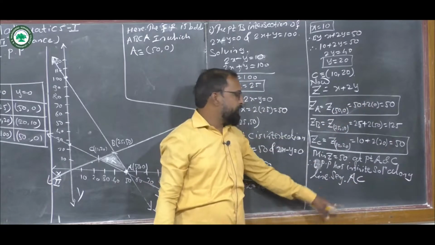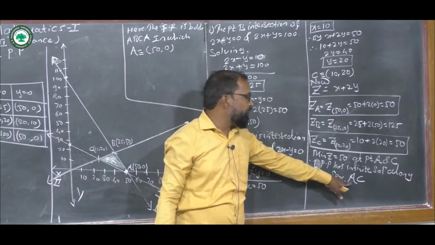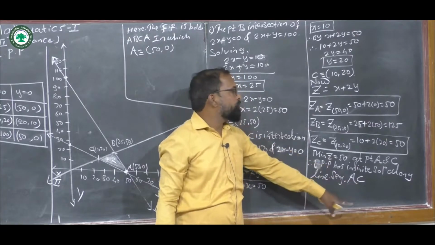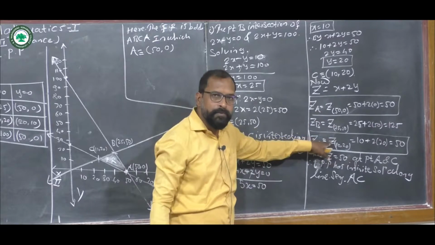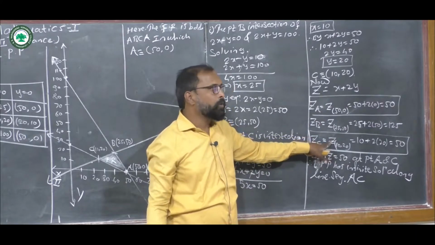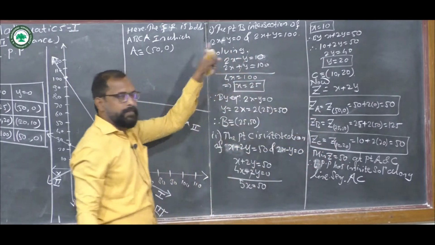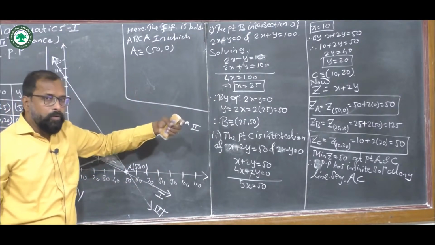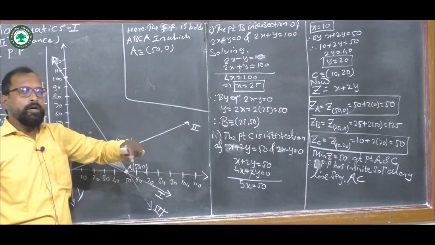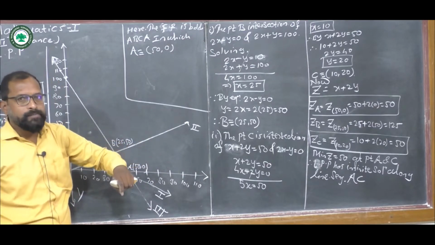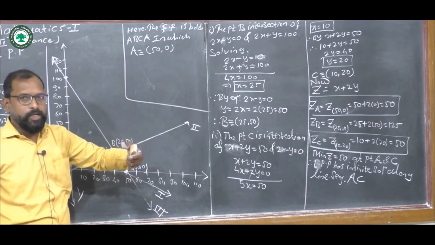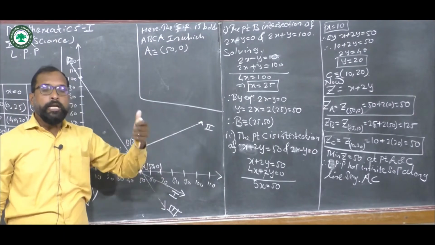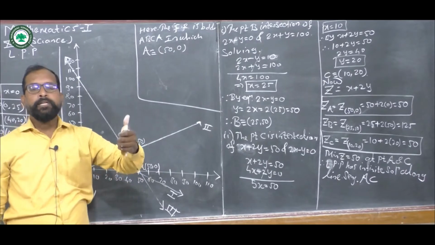That is, at each point on line segment AC, we get the value of objective function z equals to 50, which is the minimum value. So in such cases, whenever we get the objective value, either minimized or maximized, at more than 1 point, that is at 2 points, we say that the LPP has infinitely many solutions.